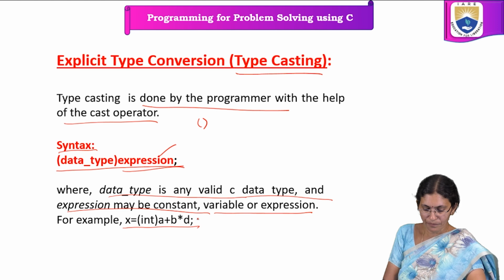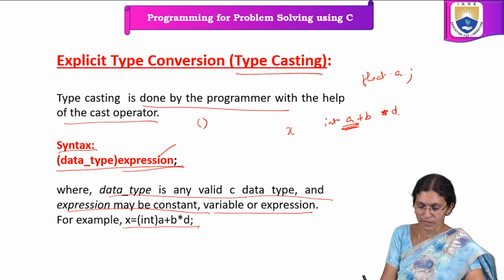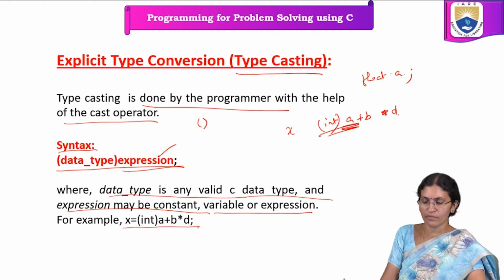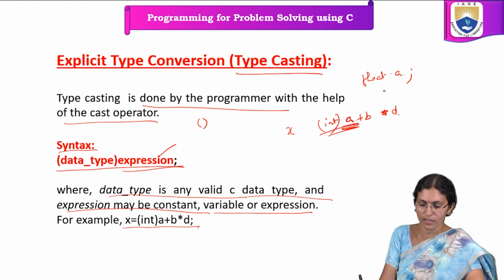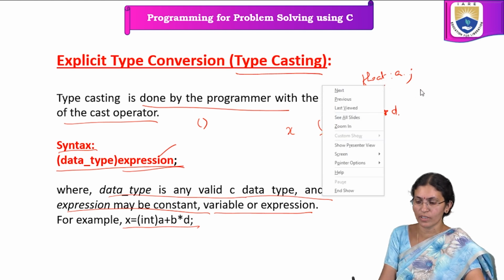For example, consider the expression a plus b into c, and if a is declared as float, you can convert the data type of this variable. The syntax to convert it to integer is, by using this cast operator, we can convert it to integer.